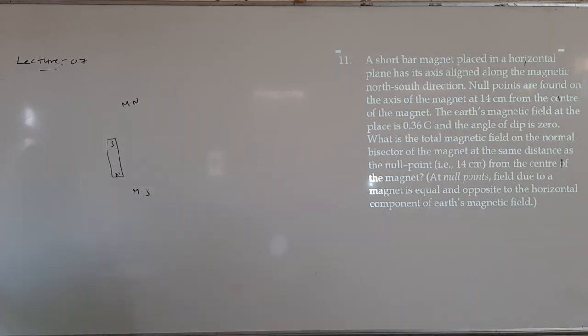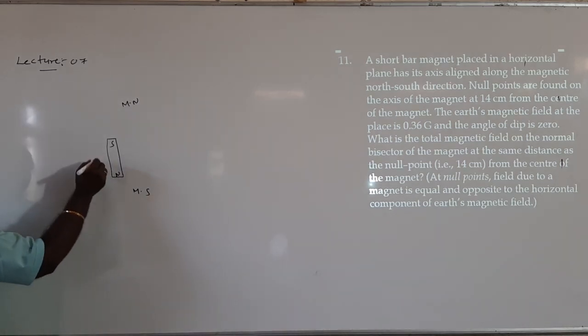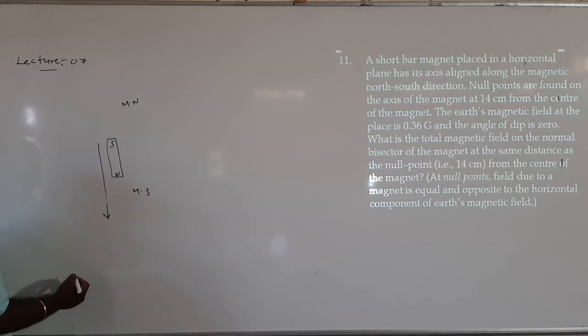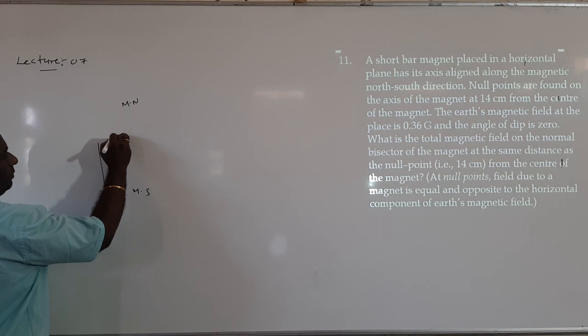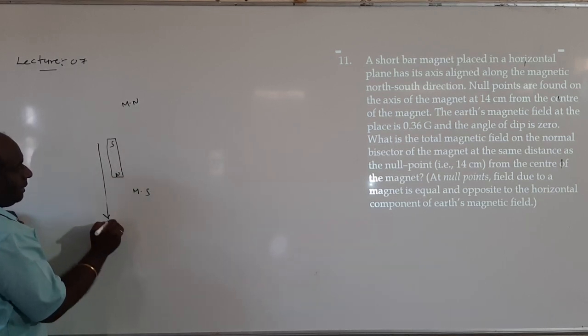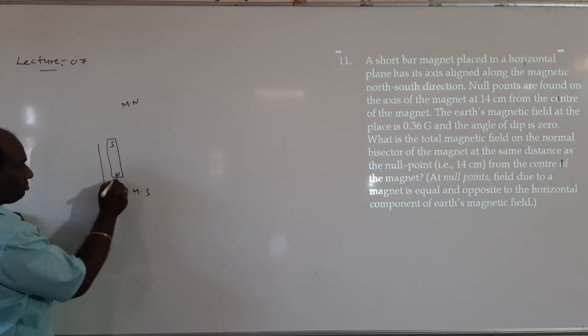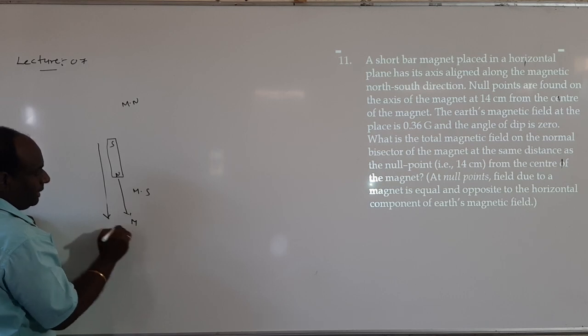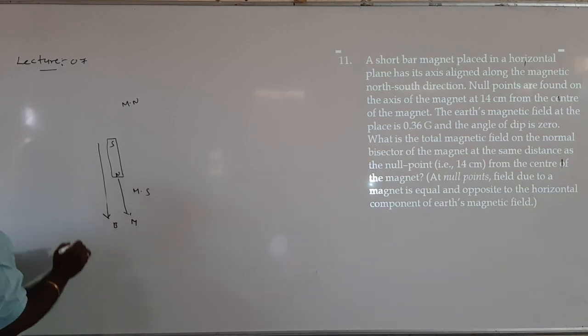The magnet is aligned in this direction, so the magnetic moment is in this direction. We know that for a bar magnet, the magnetic moment and the magnetic field are along the same direction.